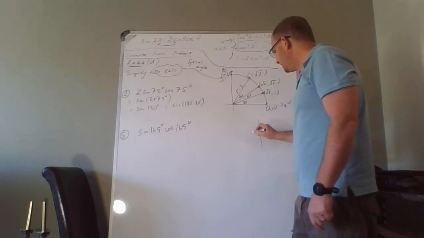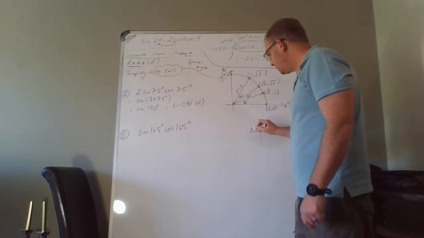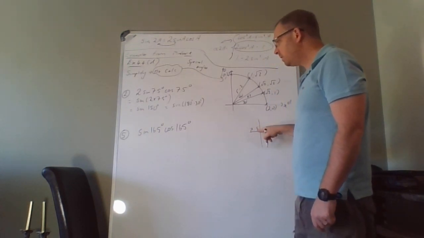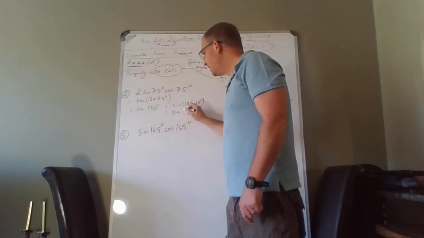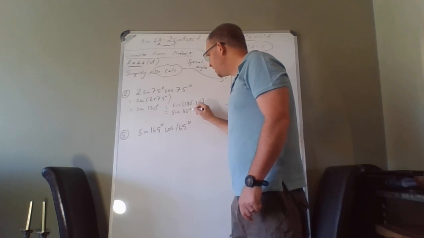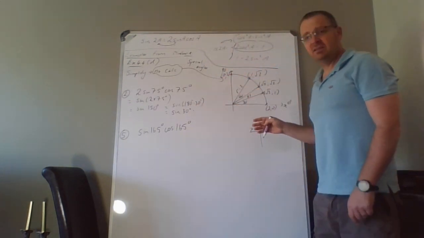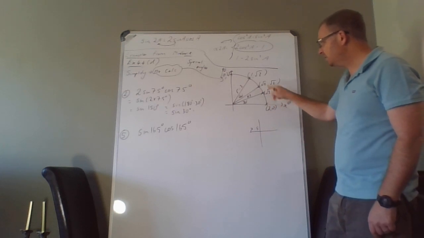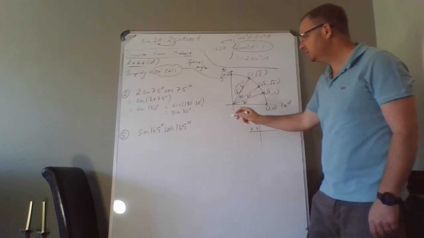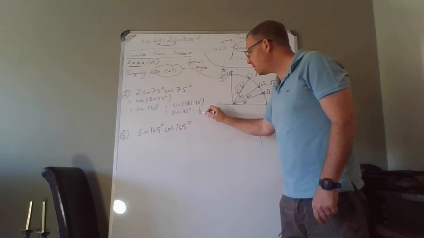Which quadrant are you in? You're in quadrant 2. What happens to sine in quadrant 2? It stays positive. So it's going to be sine of 30 degrees. Sine is the y-coordinate over the radius at 30 degrees. The y-coordinate is 1. The radius is 2. So sine of 30 is equal to a half.